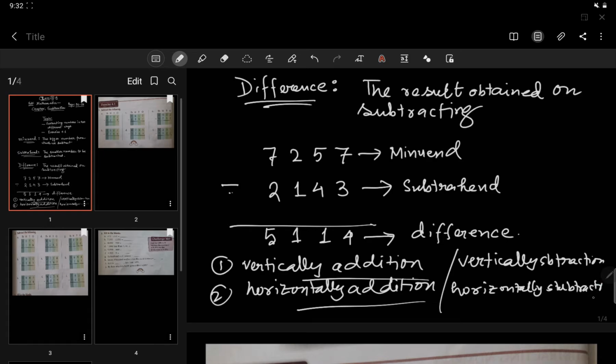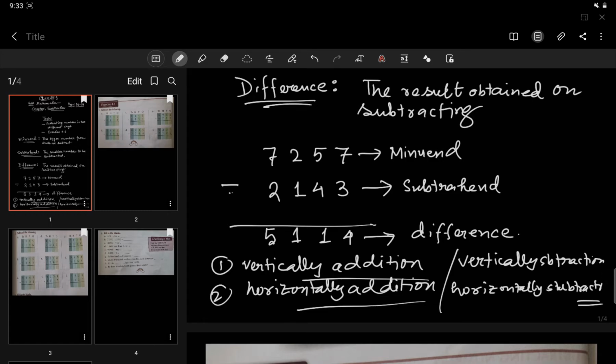Clear? The same thing will happen. You have to write in a straight line, and you have to start from the ones place, then the tens place, followed by the hundreds place, thousands place, etc.